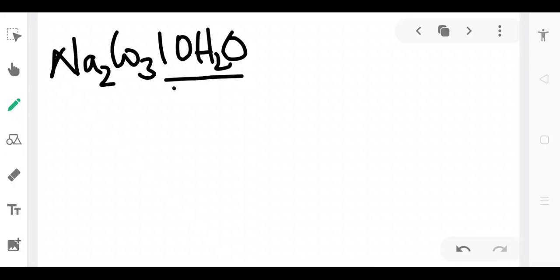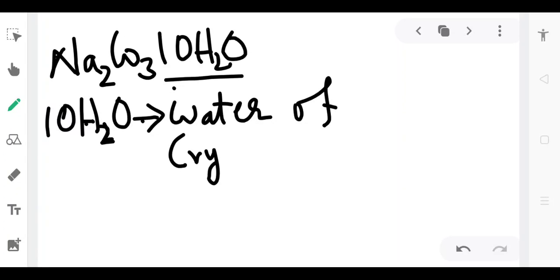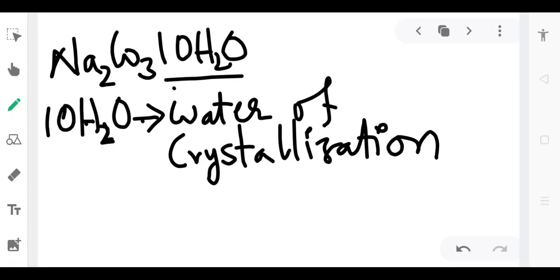So how can you call this number of water molecules associated with washing soda? This is called water of crystallization.